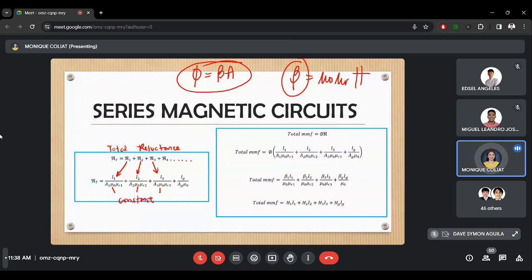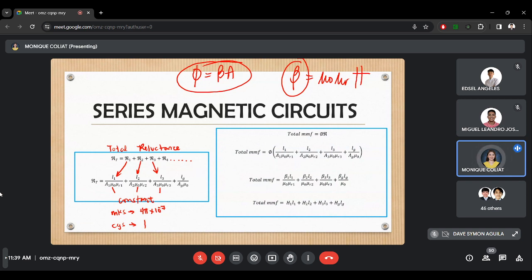Which is 4 pi times 10 raised to negative 7 in MKS. But in CGS, you can use 1. Okay. Constant. MKS, 4 pi times 10 raised to negative 7. In CGS, 1. Okay? So that is your R total.